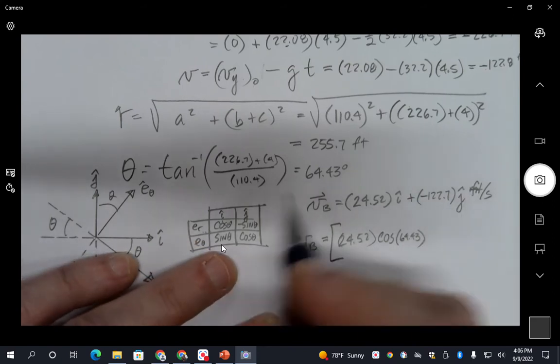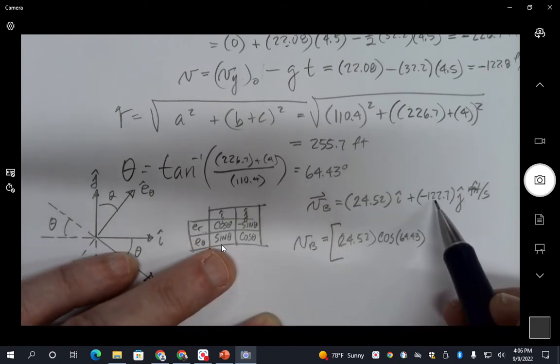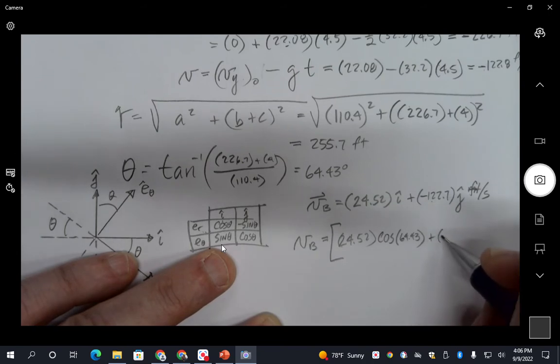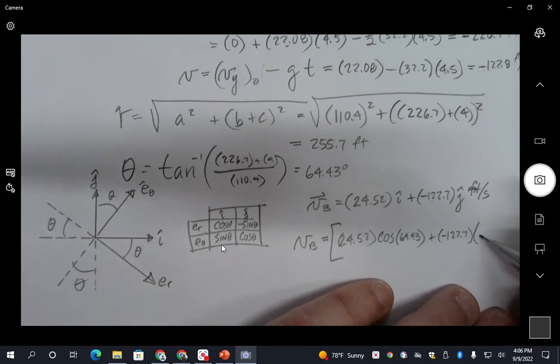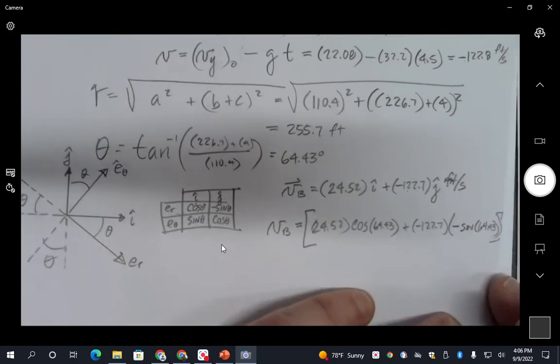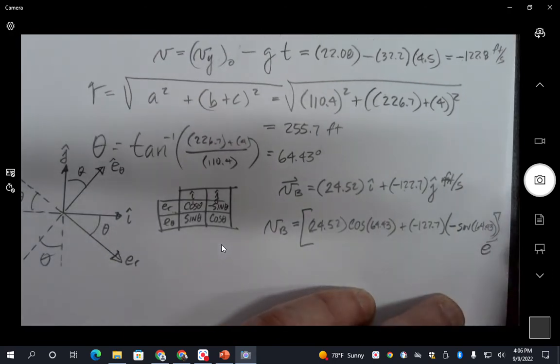And then we're going to take the J of this, so plus, but we have a negative 122.7, and we're also going to go times the negative sine of 64.43. That's all ER. I'm sorry I squeezed this in there. I made a mistake by not moving over to the left some.